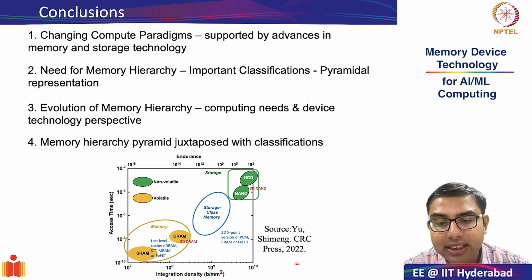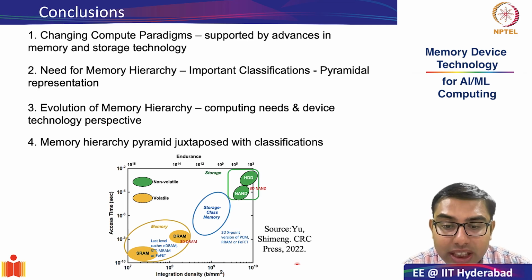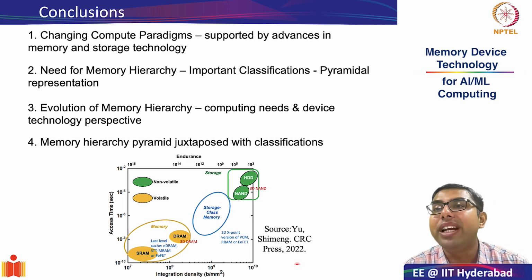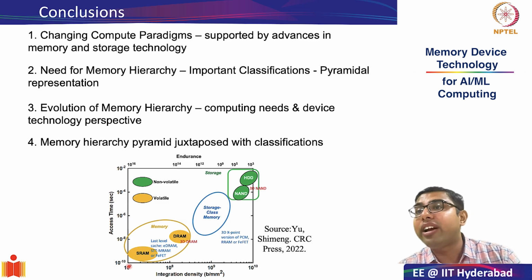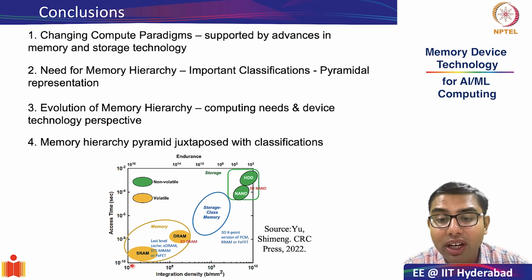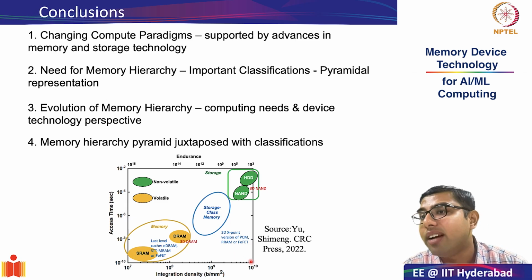The x axis is the integration density, in bits per millimeter squared. How many logical bits can you fill per millimeter square? And as you can see, there is a big range, 3 orders of magnitude, from 10 to the power of 7 to almost 10 to the power of 10.